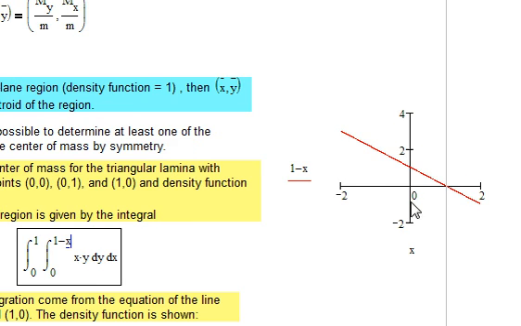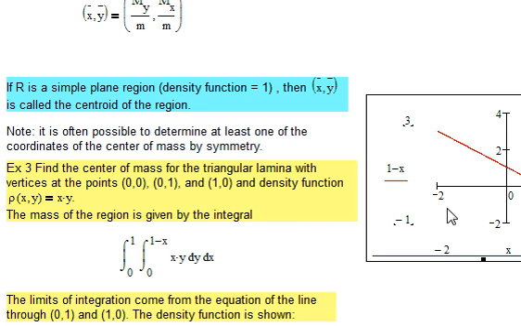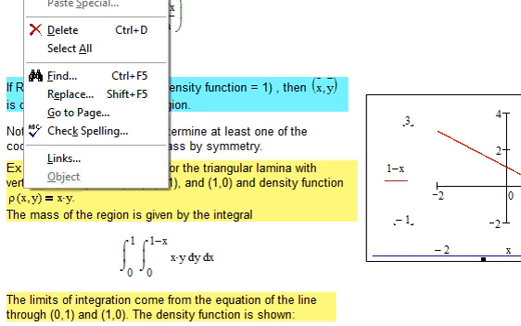If I think about drawing stripes across this region, the top of the stripe hits at 1 minus x, the bottom hits at y equals 0. These are the limits of integration: x starts at 0 and stops at 1. Okay, so that's pretty much the story on this.